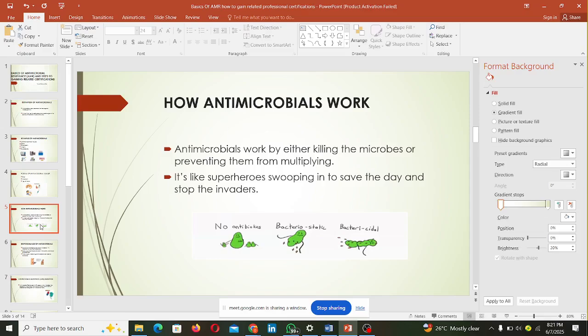But bactericidal kills it. It kills it totally and stops it from growing at all. But then bacteriostatic only stops it from multiplying and from growing. So it's like superheroes swooping in to save the day and to stop the invaders.